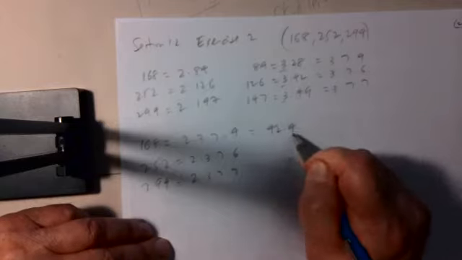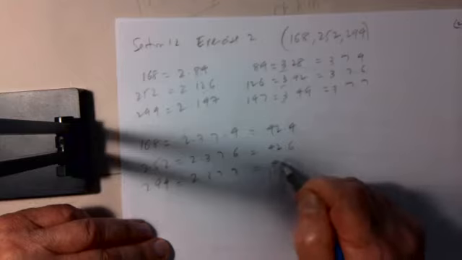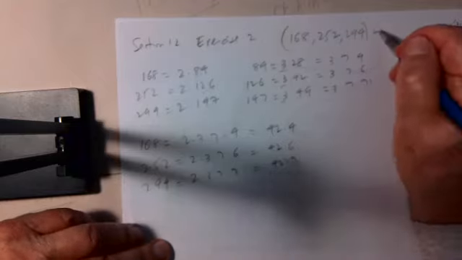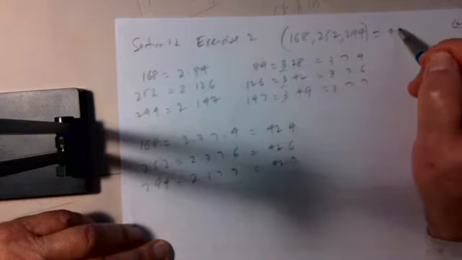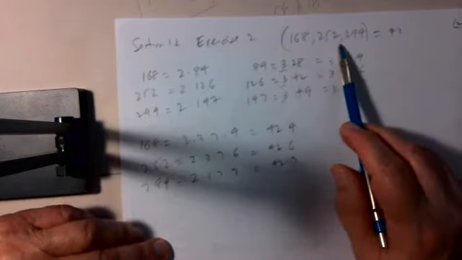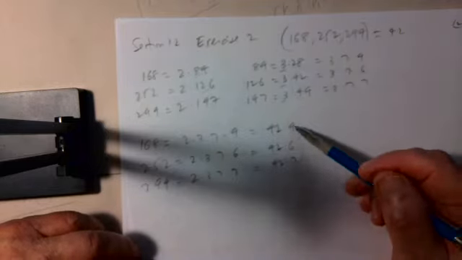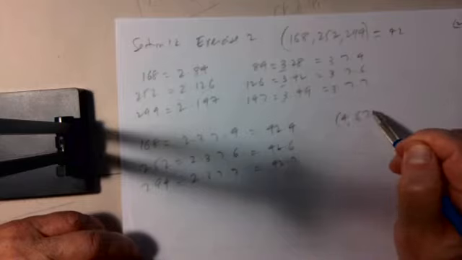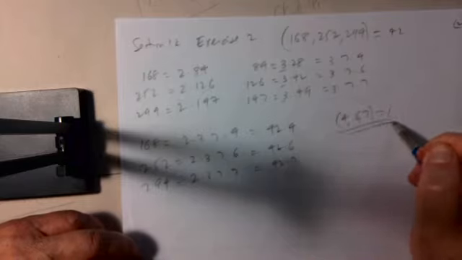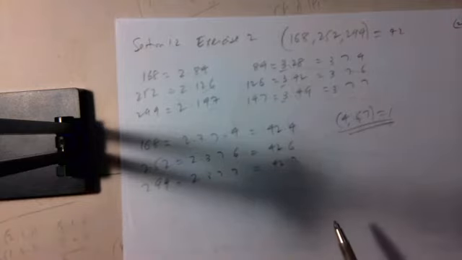This is 42 times 4, 42 times 6, 42 times 7. And the greatest common divisor of these 3 numbers is 42. Each of them is divisible by 42. And if you divide by 42, you get 4, 6, and 7. And the greatest common divisor of 4, 6, and 7 is 1. Right? There's no common divisor of these other than 1.